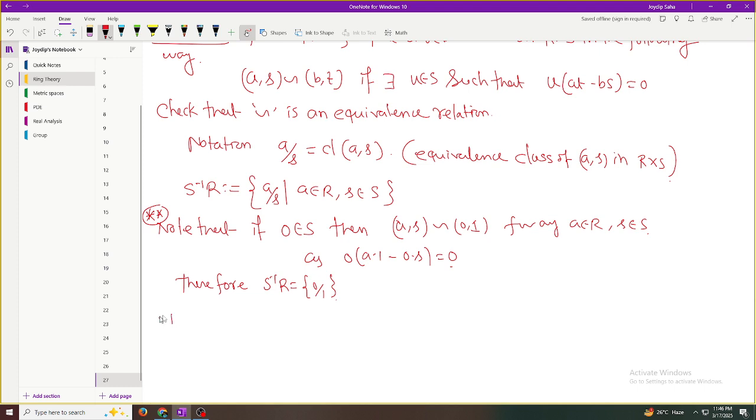Now define, trivial set means a singleton set, only the 0 set.